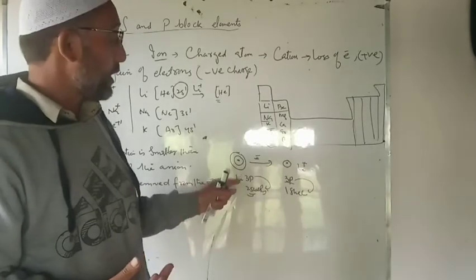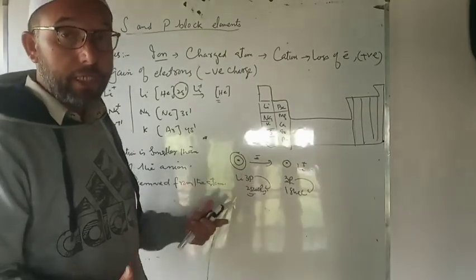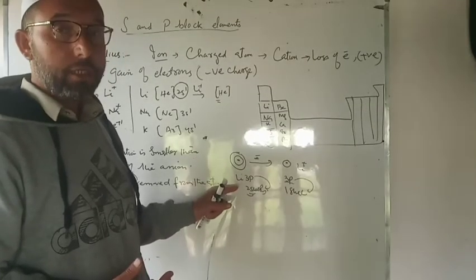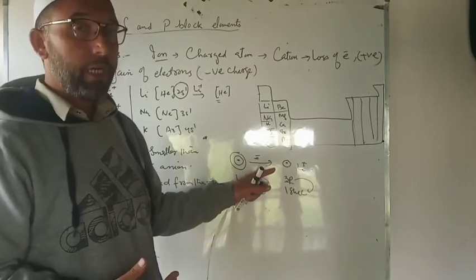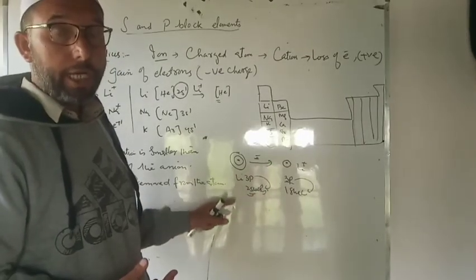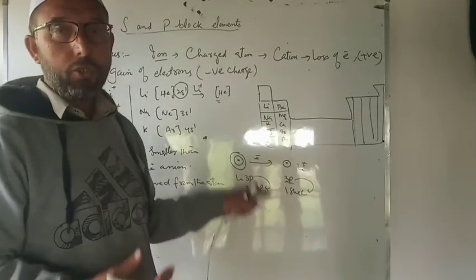The nuclear charge remains the same, but actually the number of electrons goes on decreasing. In lithium atom, there are 3 electrons, while in case of lithium ion, there are only 2 electrons. Here 3 protons are attracting 3 electrons. Here 3 protons are attracting only 2 electrons.